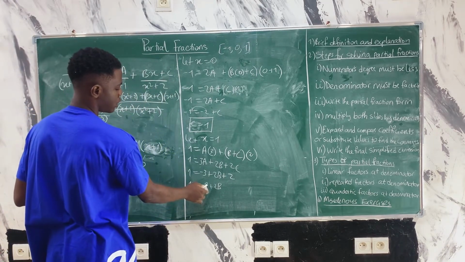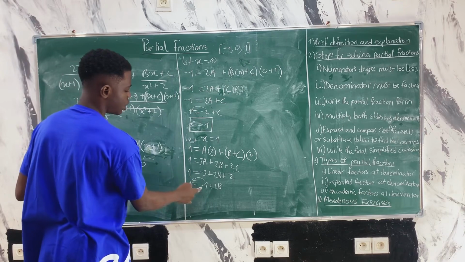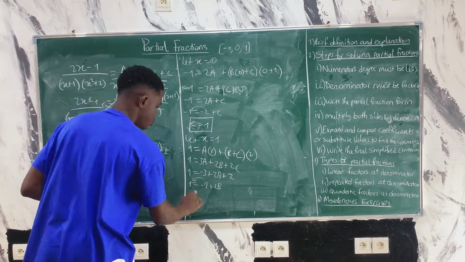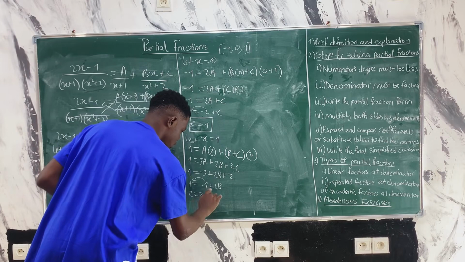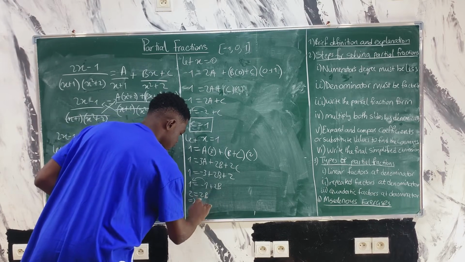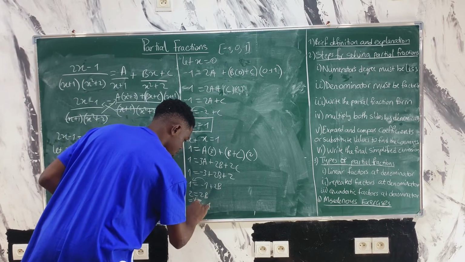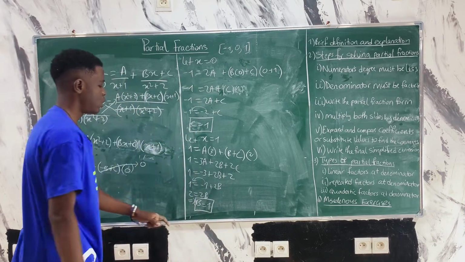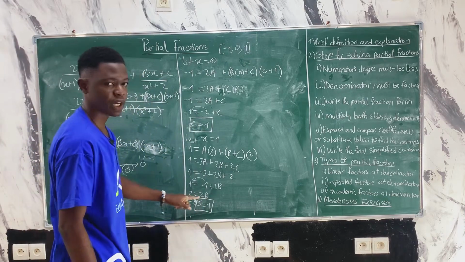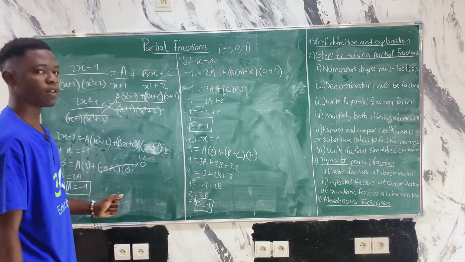So when I bring this one here, and I bring this one this way, it becomes plus. 1 plus 1 will give 2. 2 is equal to 2B, which implies B is equal to 1. To have B, I divide both sides by 2. I have B as 1.